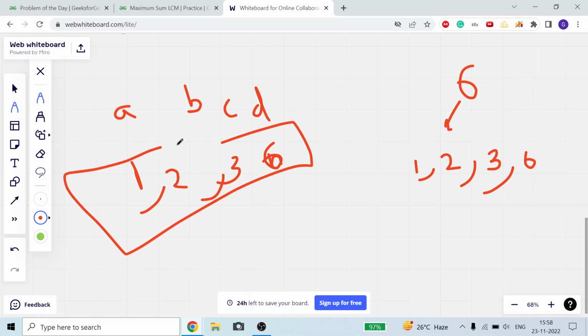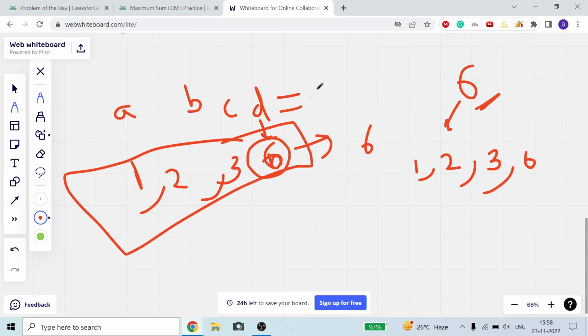The LCM of these numbers will always be equal to 6, because all these numbers divide 6, and 6 is the biggest number among them. So the LCM will be 6, because I am also including 6, and D is always equal to n.